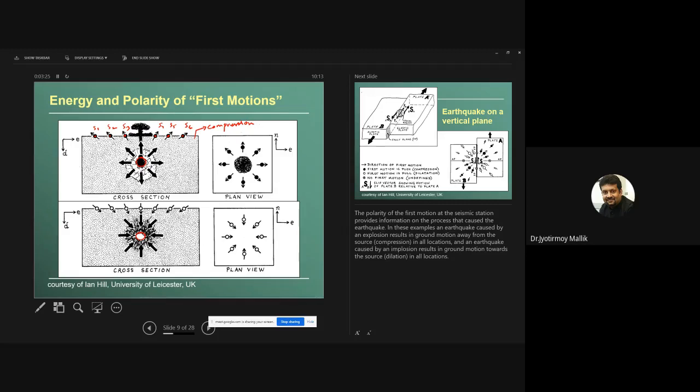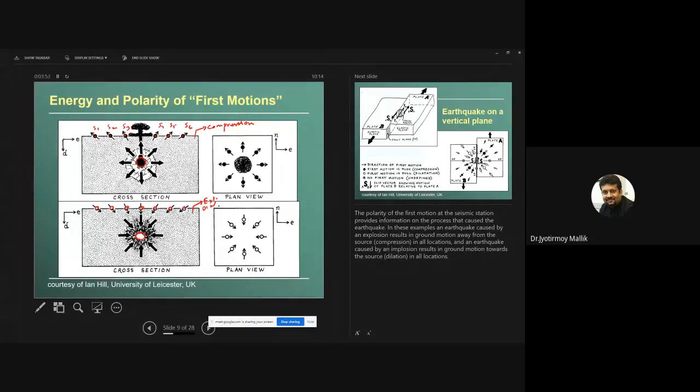Similarly, if this earthquake is created by dilation, which means extension, the first motion seen by these seismometers will be dilational as well.